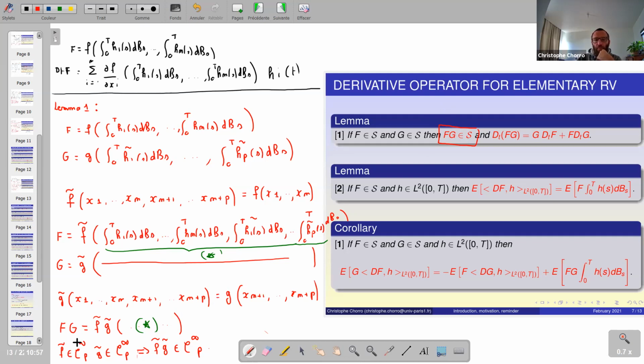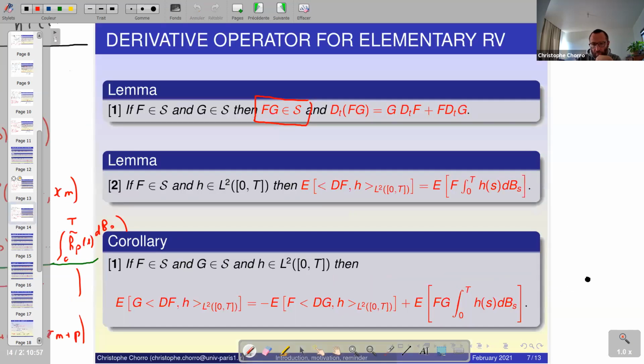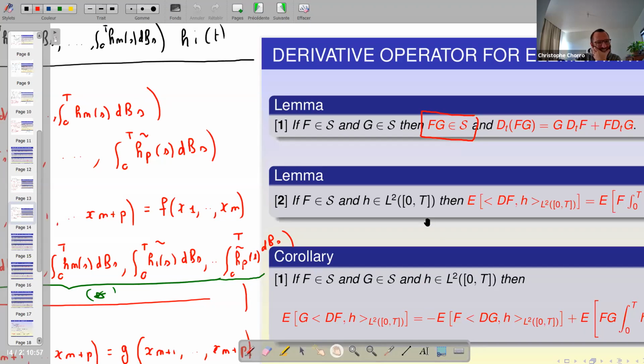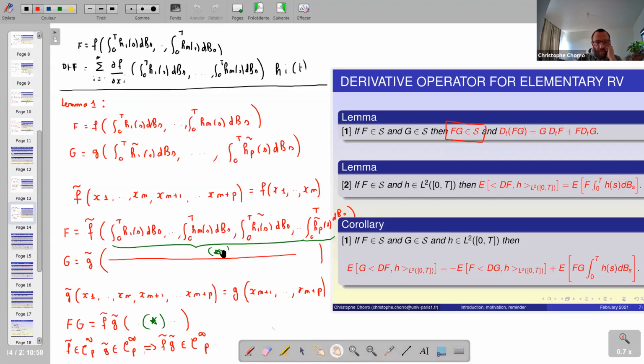Now, if I want to compute Dt of the product, now it's simple because I just have to use the definition. The definition applies to this product here. So let's write the things this way. So I have this.